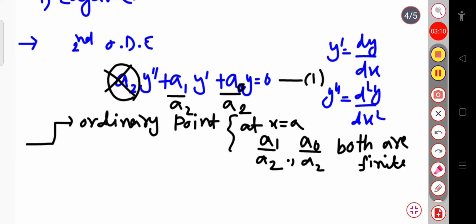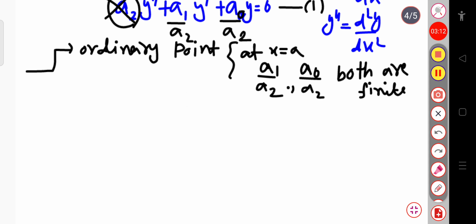Okay. Next we will see the singular point. So there are two types of point: one is ordinary and another one is the singular point.